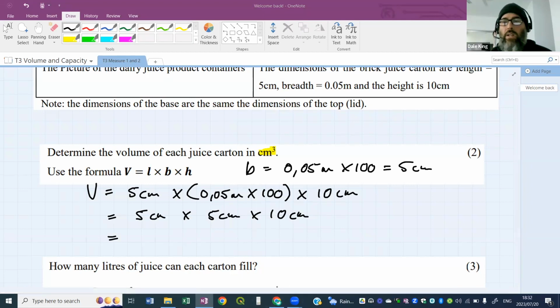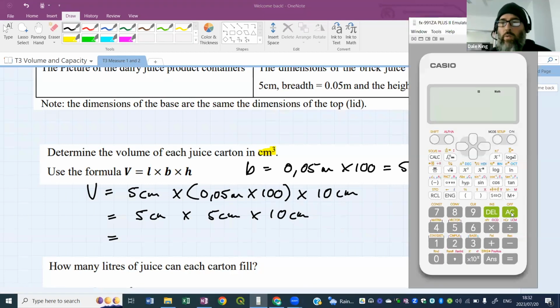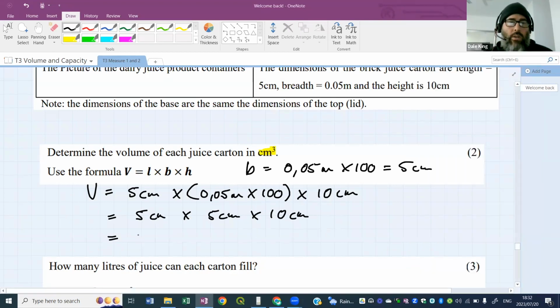And then you get your calculator because it must do the work for you, because that's why you bought this thing. And you say the answer is 250 centimeters cubed. Okay. Are we all getting that? Yes.